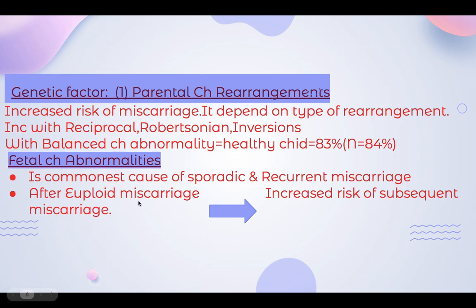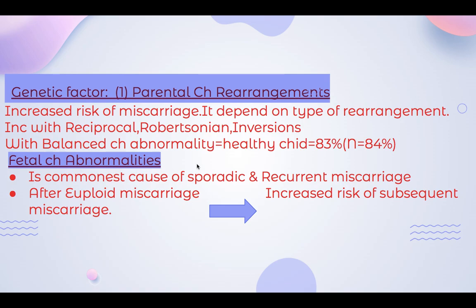Let me tell you first which fetal chromosomal abnormalities we suspect will increase the risk of recurrent miscarriage. They have already mentioned that it increases the risk of both sporadic and recurrent miscarriage. Parental chromosomal rearrangement increases the risk of recurrent miscarriage, and fetal chromosomal abnormalities increase sporadic and recurrent as well, right? So what is the chromosomal abnormality which increases the risk of miscarriage? You have to remember only one name: trisomy, right?